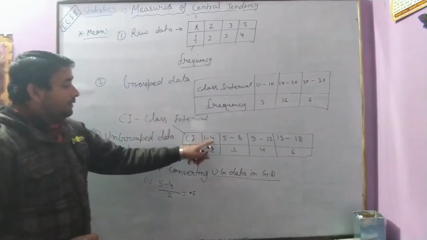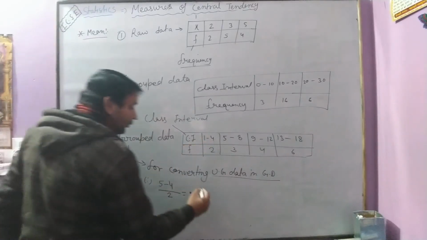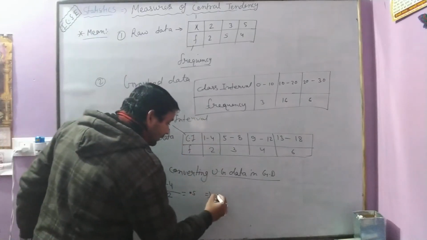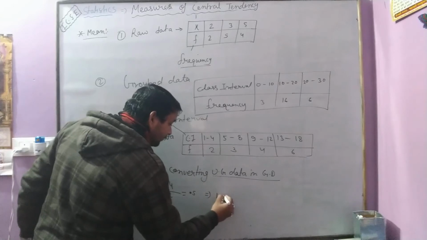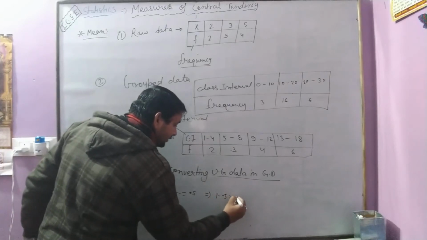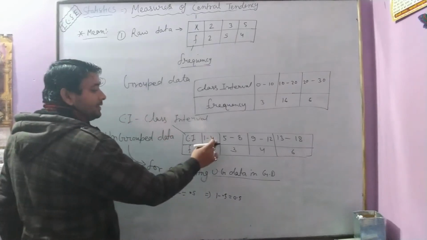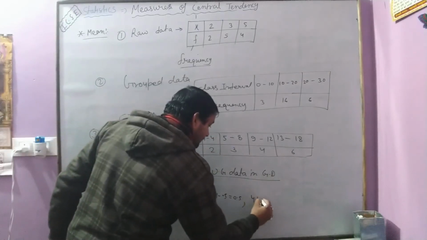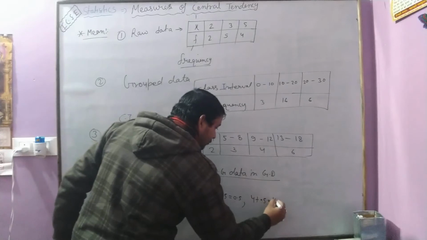Now in the data table you subtract 0.5 from the lower limits, so 1 minus 0.5 becomes 0.5, and add it to the upper limits, so 4 plus 0.5 becomes 4.5.